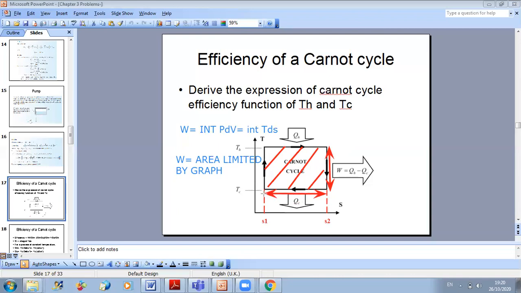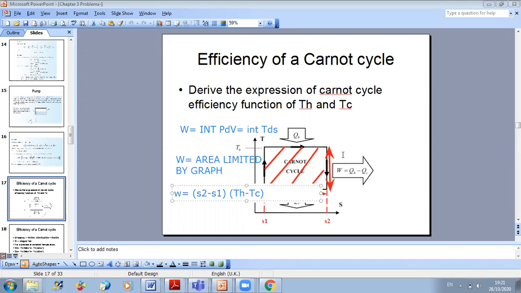Okay, so the work is given by W equal to the height, which is S2 minus S1, delta S. And the width is T hot minus T cold, so times TH minus TC. Okay, this is the expression of the work.